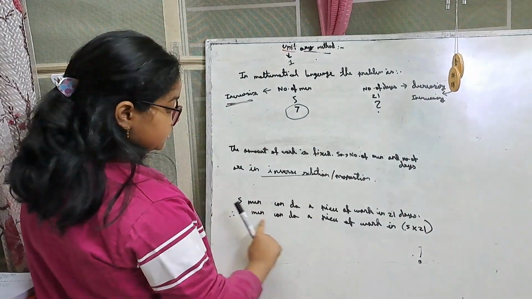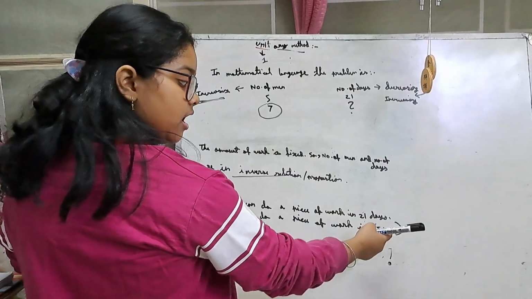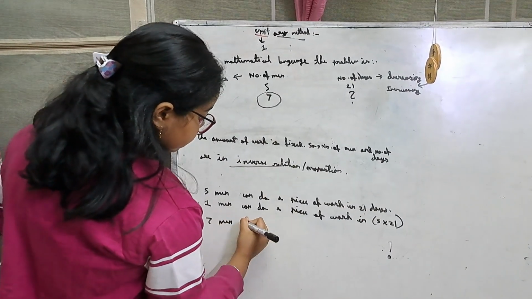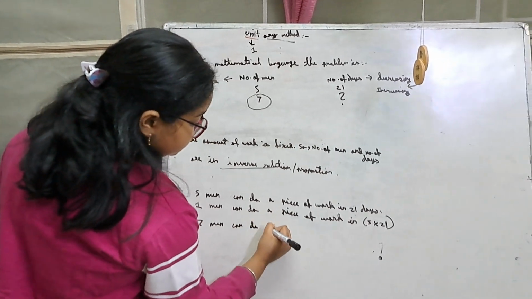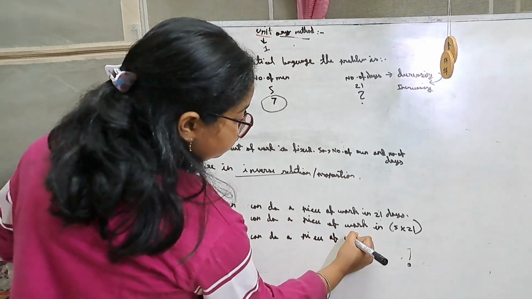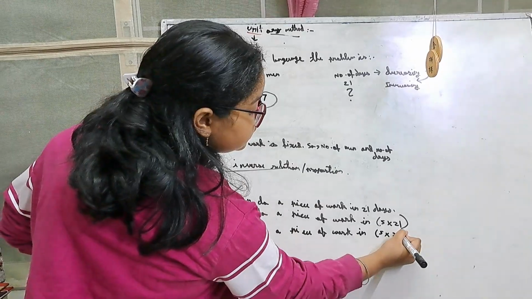We have the information that 1 man can do a piece of work in 5 into 21. Therefore, 7 men can do a piece of work in 5 into 21 divided by 7.